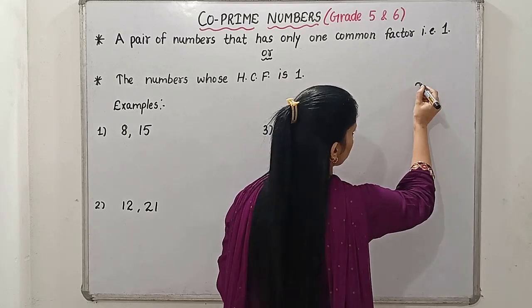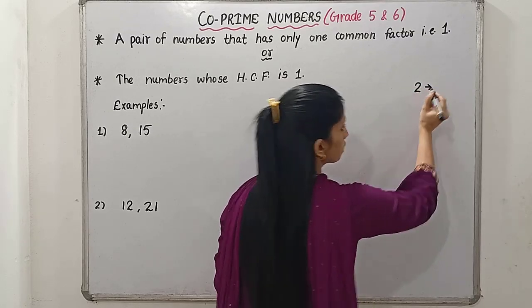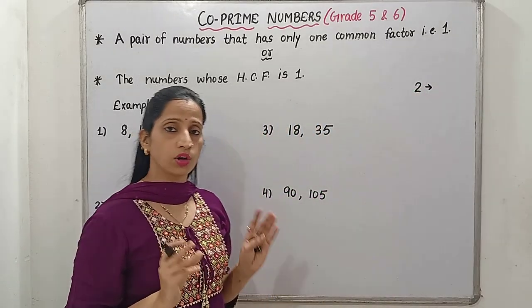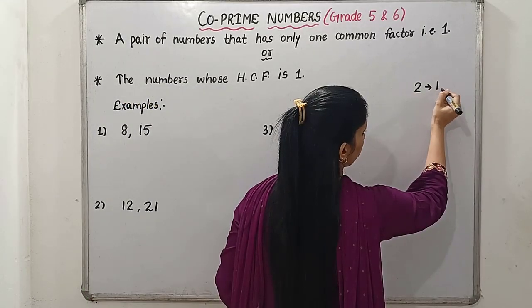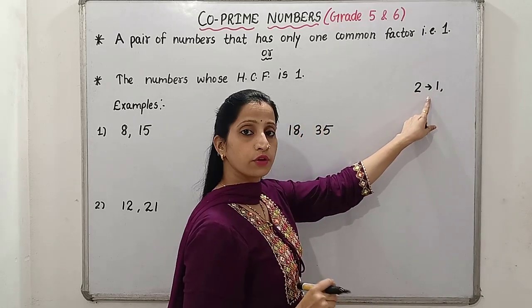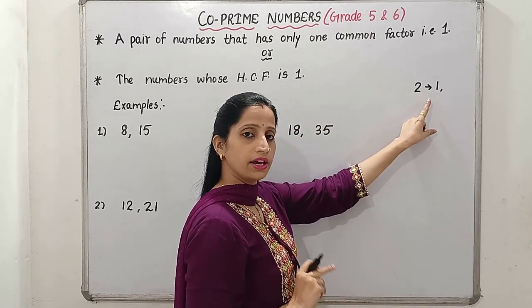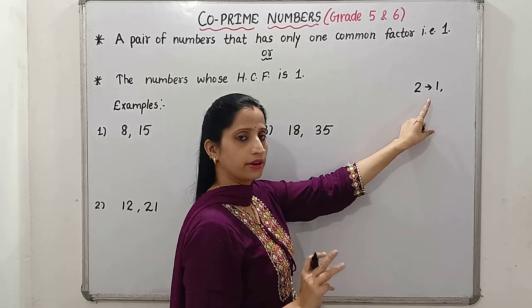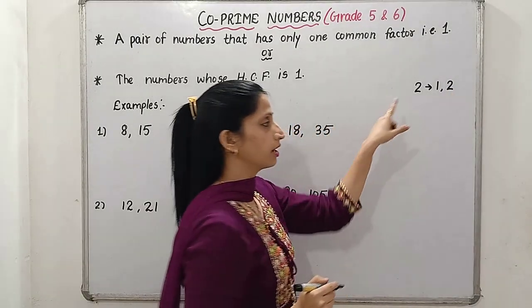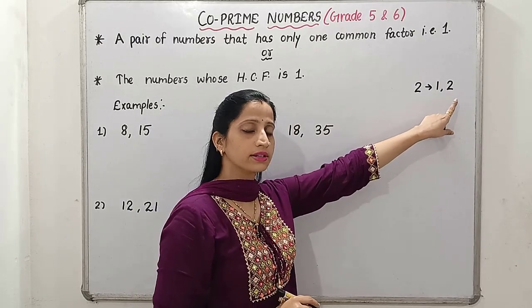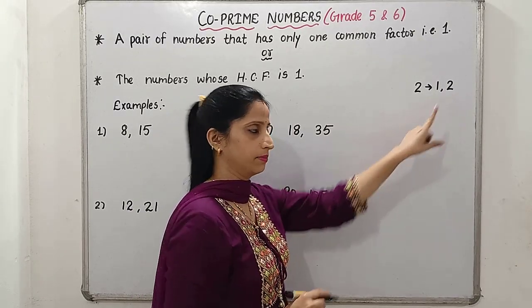For example, let's take 2. 2 is our smallest and only even prime number. It is only divisible by 1 and itself. Just remember, every number is divisible by 1. So because the number 2 has only two factors, it is a prime number.